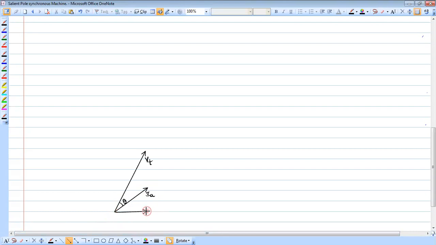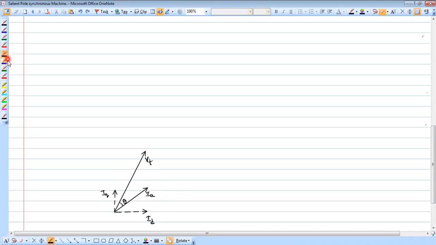Ia is resolved into two components. This becomes Id, and another component will be Iq. So this will be Iq, and this will be the direct axis current Id. Okay.